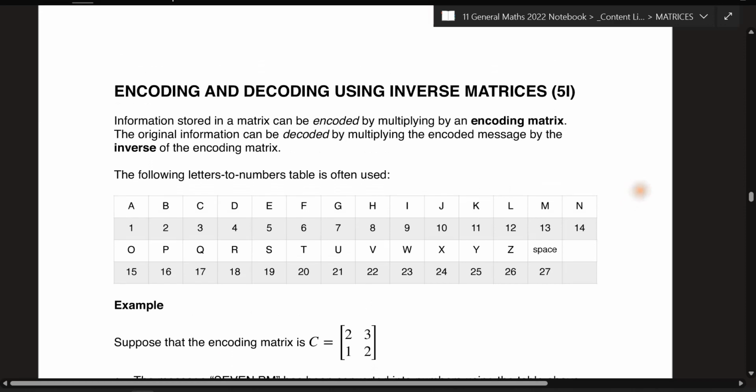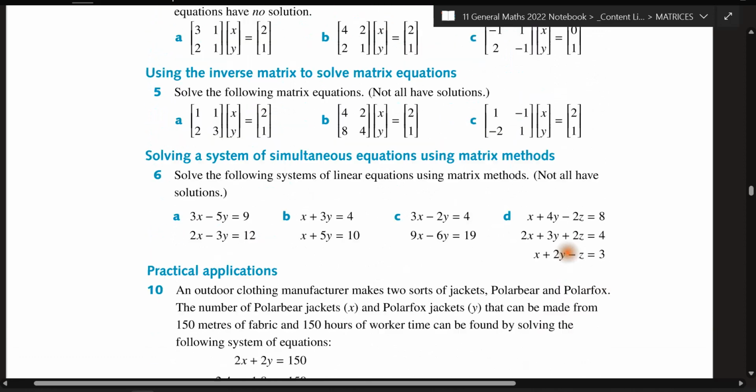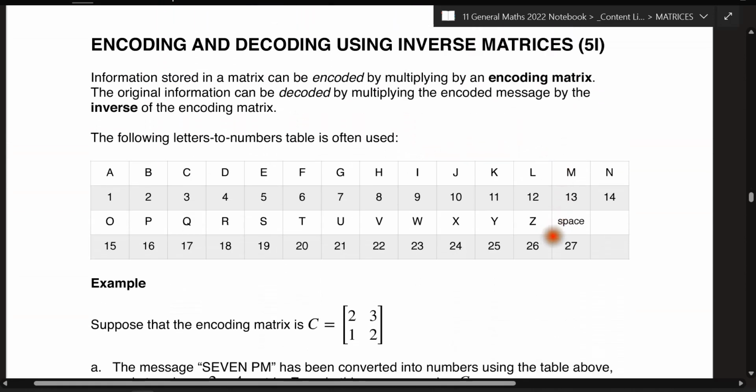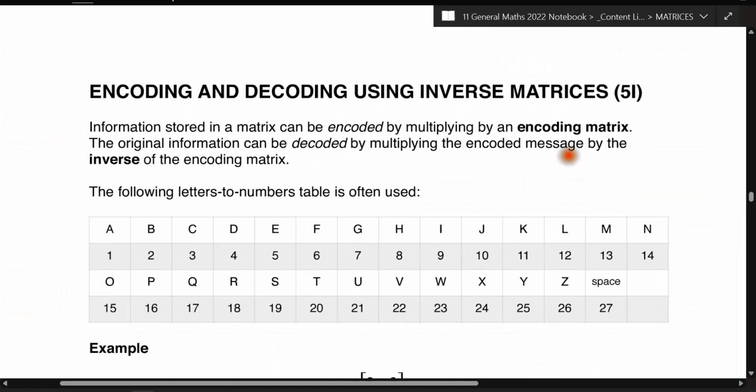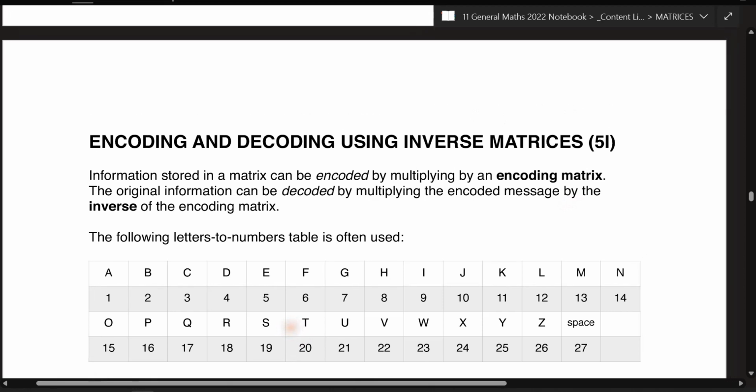We're now going to chapter 5i. In the previous chapter that you would have completed would have been 12b. So I know we're jumping around a bit with the exercises, but just bear with me as it will help you. So 5i is the next topic. And it's a little bit more interesting than the other ones, okay?